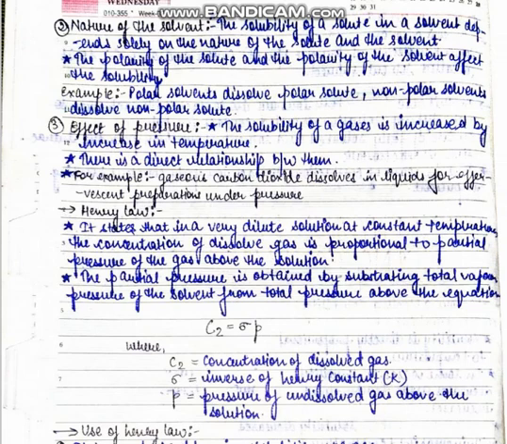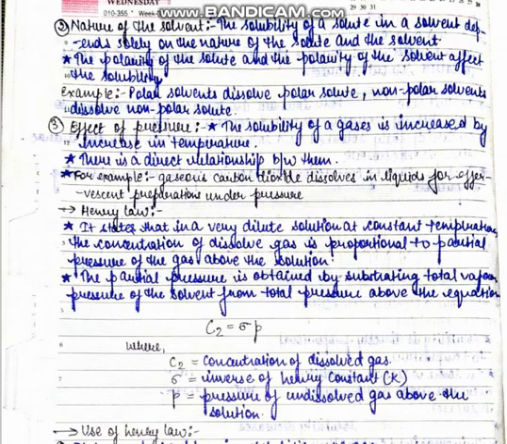What is Henry's law? It states that in a very dilute solution at a constant temperature, the concentration of dissolved gas is proportional to the partial pressure of the gas above the solution.